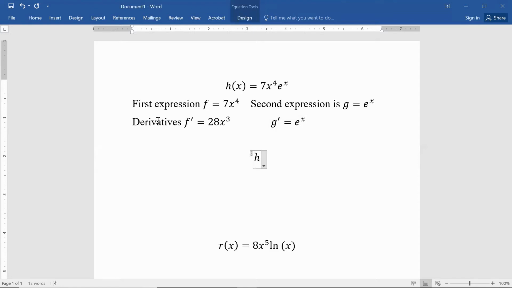So our function h is going to have a derivative which is the derivative of the first expression, 28x to the third, times the normal second expression, e to the x, plus the normal first expression, 7x to the fourth, times the derivative of the second expression, which is e to the x.